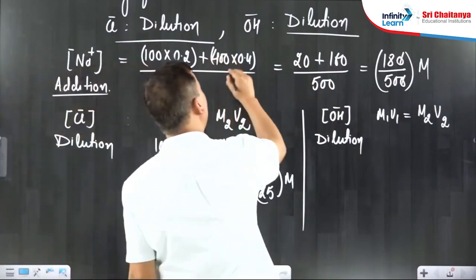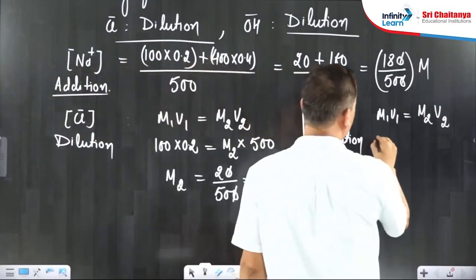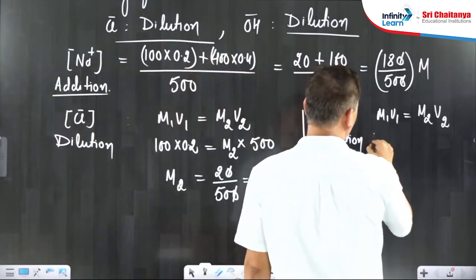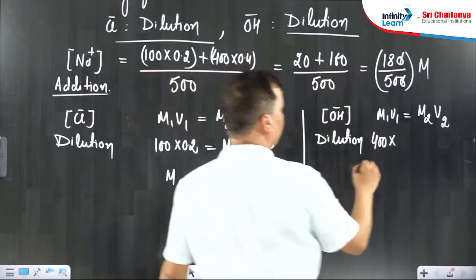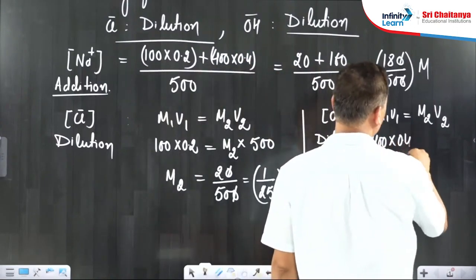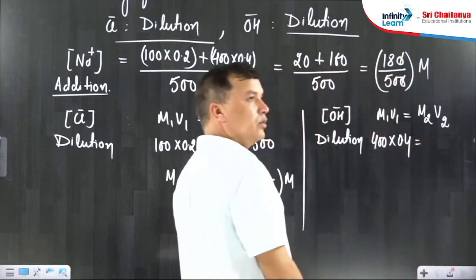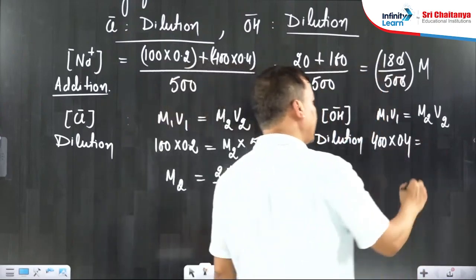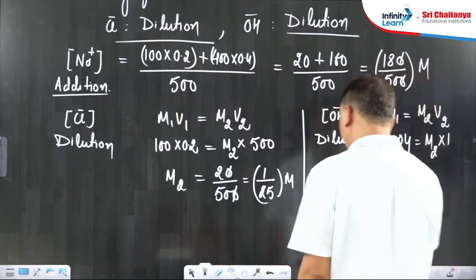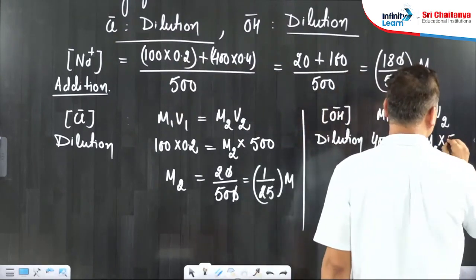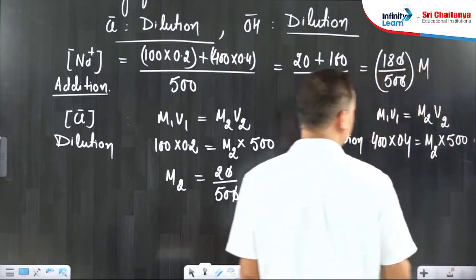The volume is 400, sorry, but M1 is 0.4. Here is 0.4 into M2, which we have to find out. And the final volume after mixing these two is 500.